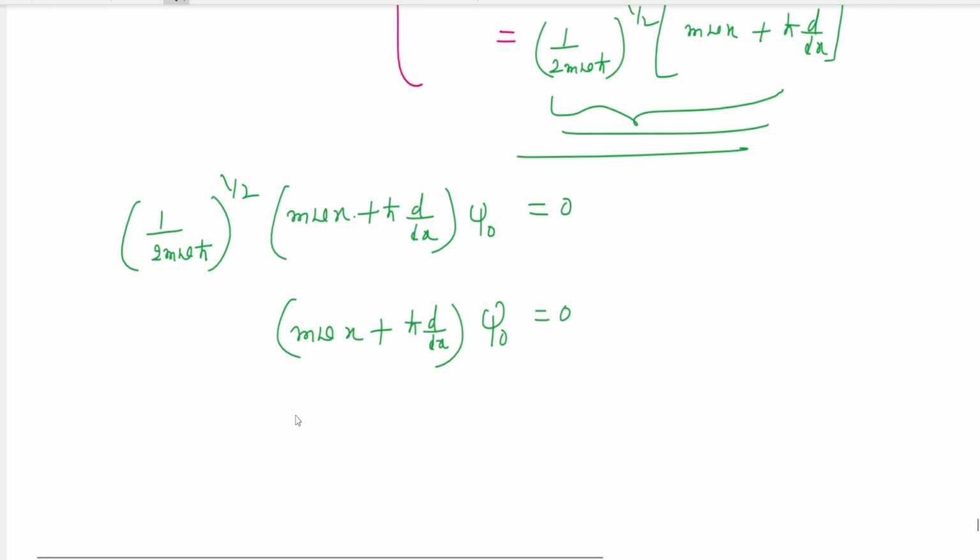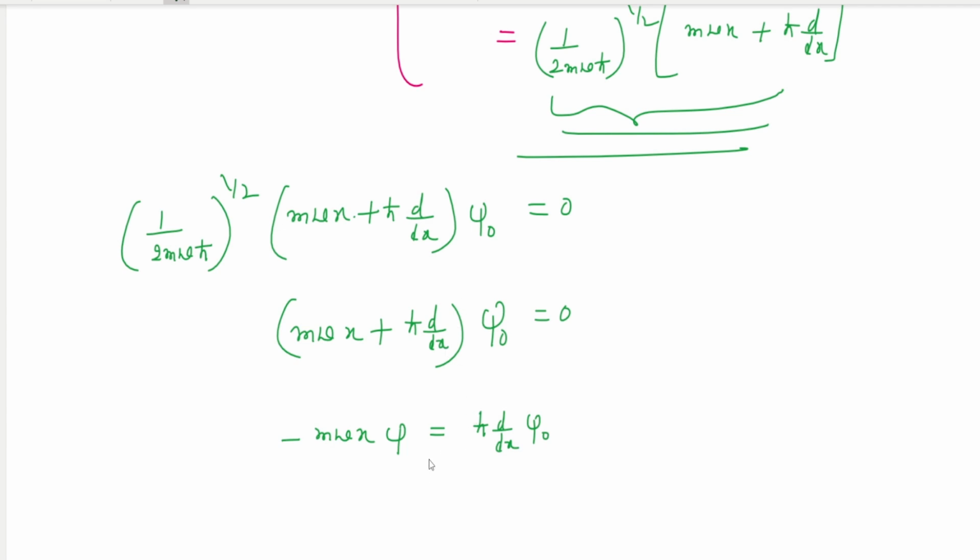In case you try to use something different here, minus m omega x times the wave function psi equals h cross d by dx times the wave function psi.